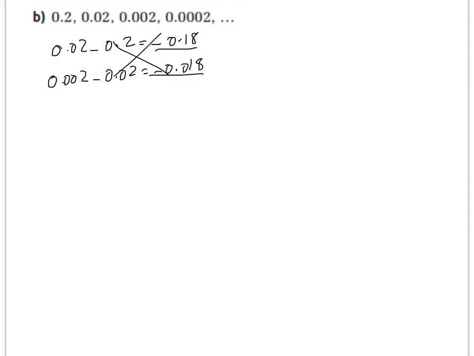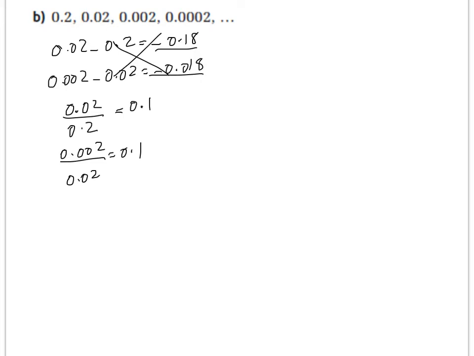Now we are going to find the ratios. So 0.02 divided by 0.2 is going to give us 0.1, and 0.002 divided by 0.02 is going to give us the same 0.1.